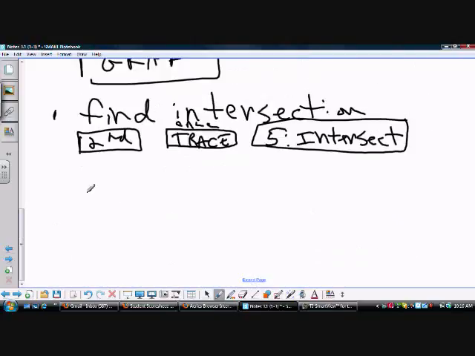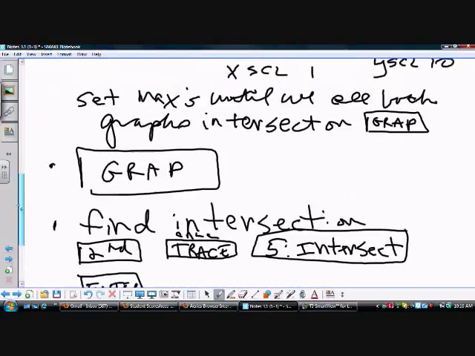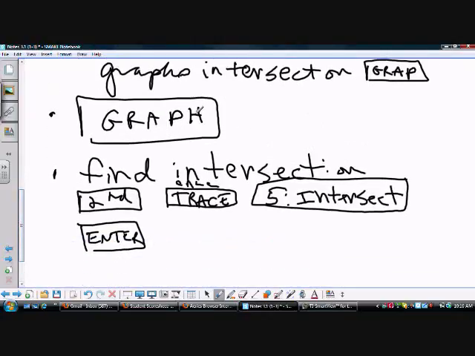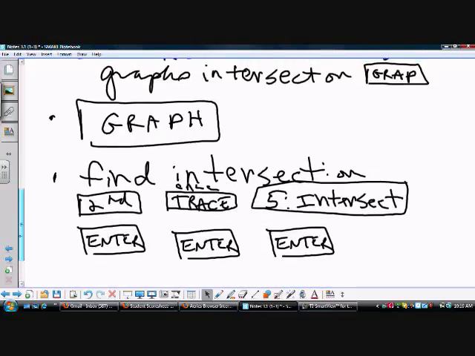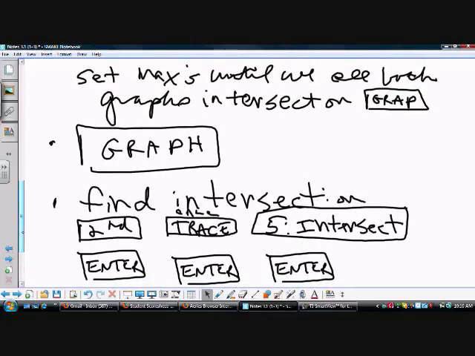And then you hit enter 3 times. Enter, enter, enter. Okay.